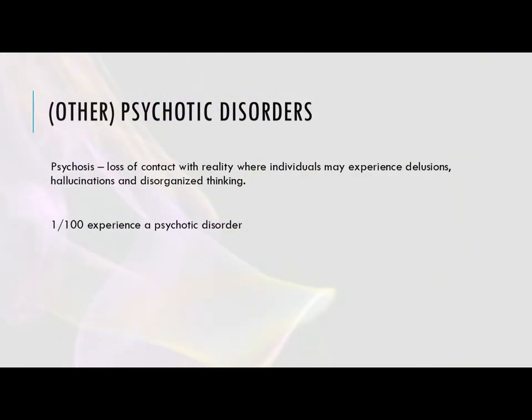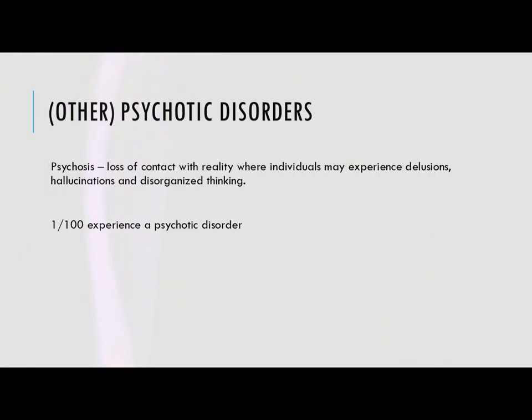So when we talk about prevalence and epidemiology of psychotic disorders globally, psychotic disorders are relatively rare compared to other mental health conditions. Globally, it's estimated that about 1 in 100 people will experience some form of psychotic disorder during their lifetime.